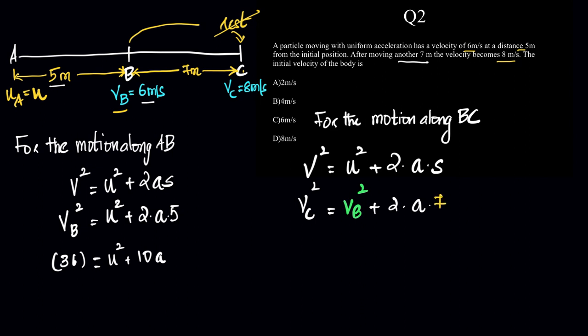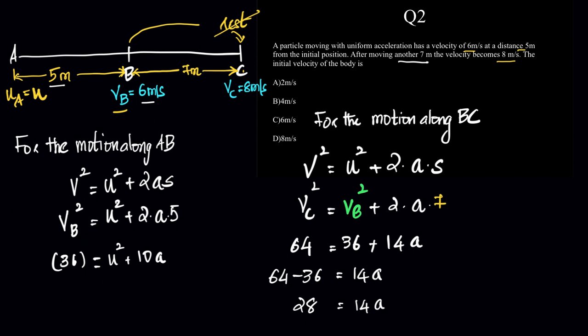So this will give us the equation VC square, which is 64, is equal to VB square, which is 36, plus 2 into 7 is 14, 14A. So 64 minus 36 is equal to 14A. We know that 64 minus 36 is 28. So 28 is equal to 14A, in which case A is equal to 2 meter per second square.